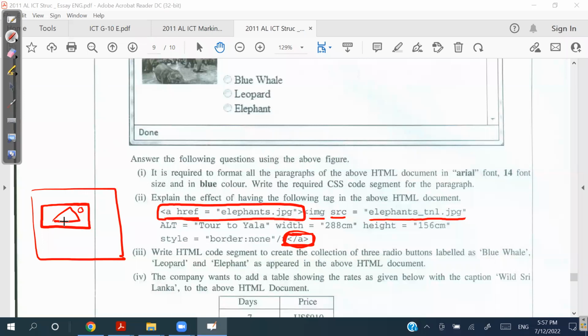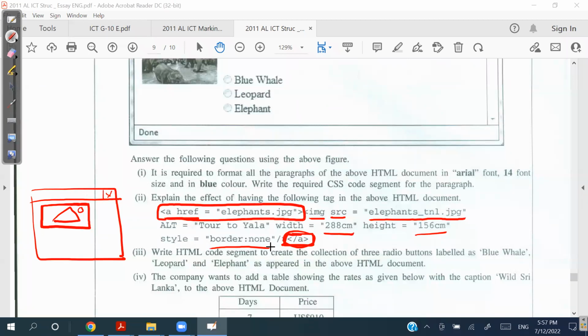Right, so this picture, the one you can see in the home page or the loading page, has a width of 288 centimeter, height of 156 centimeter. They do not use borders. They are just going through these things, right?